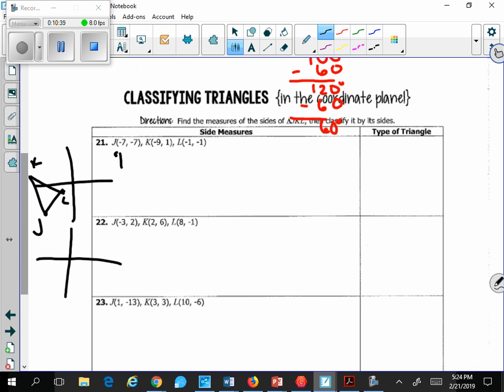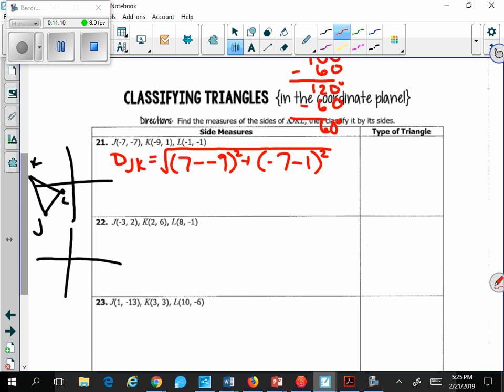So I'm going to say the distance of, and I'll notate the difference for it. The distance of, we'll do JK first, equals, remember, distance is subtract my x's and square it, plus subtract my y's and square it.